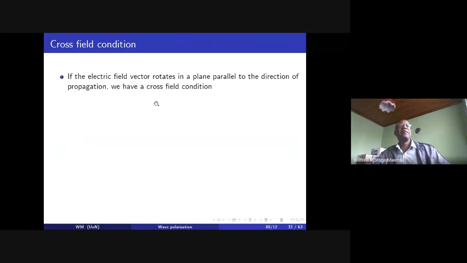Now, sometimes you can get the E field rotating in a plane that is parallel to the direction of propagation. Once you get that, you get what you call a cross field.